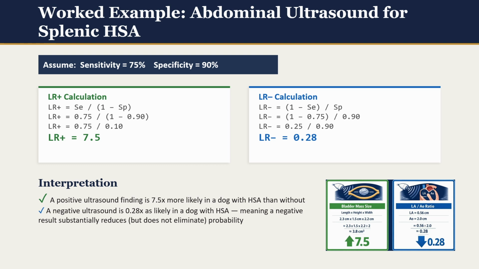This substantially reduces the probability of hemangiosarcoma, but with a sensitivity of only 75%, a negative ultrasound does not rule it out. This is the quantification of the clinical teaching that ultrasound does not rule out hemangiosarcoma. And now you have the number that explains exactly how much weight to give a negative result.